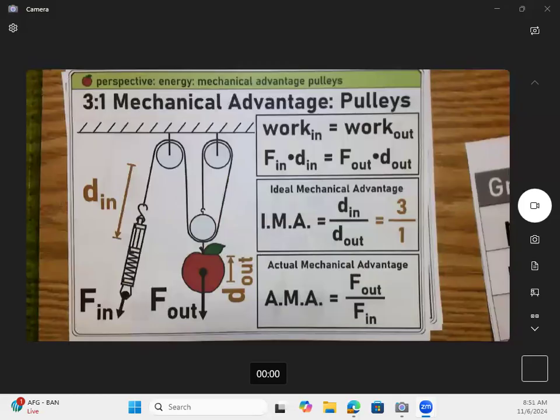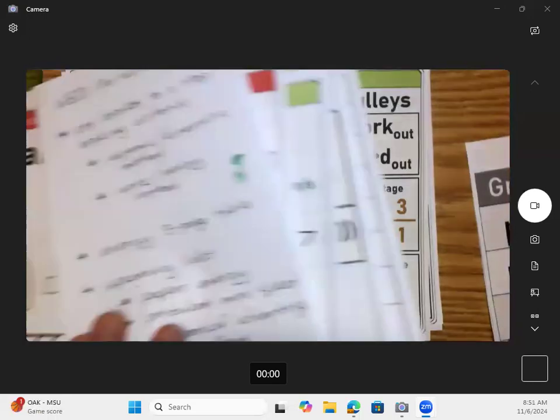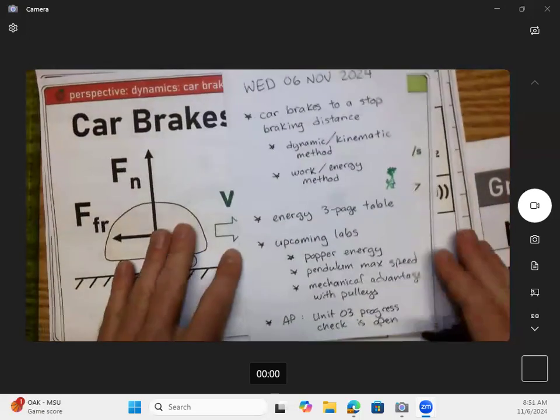If I let go, which one moves down, the light one or the heavy one? The light one moves down, the heavy one moves up. How is that? Because there's a mechanical advantage involved. Also, compare the distances that they move. That's interesting, different distances. So I'll show you how you can amplify your strength with a machine, a simple machine, and a pulley is a type of simple machine. That's an upcoming lab, so look for that.